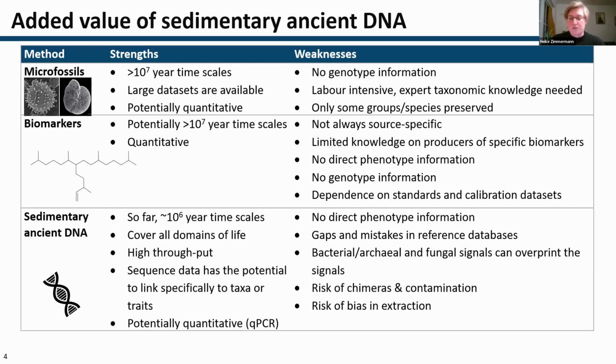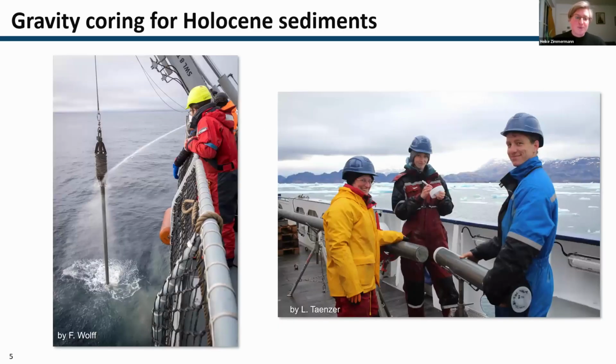And of course, there are also risks with chimera formation and contamination, and also risks of biases in extraction methods. So if you're comparing the results of different labs that use different extraction methods, you might come to different conclusions.